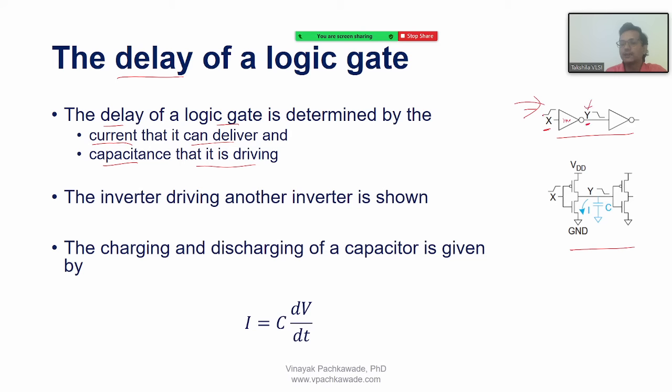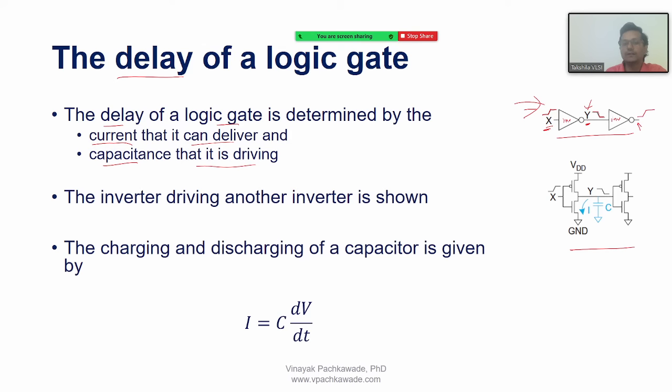You see here there is a pulse shown with a specific rise time, and obviously I will have the output which is an inverted form of X. Then again I am using another inverter where Y is the input to this, and obviously I will have another output at its terminal.